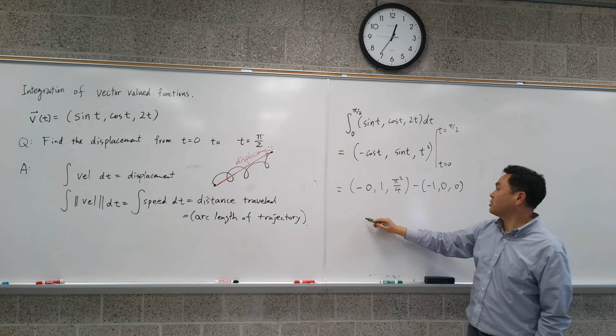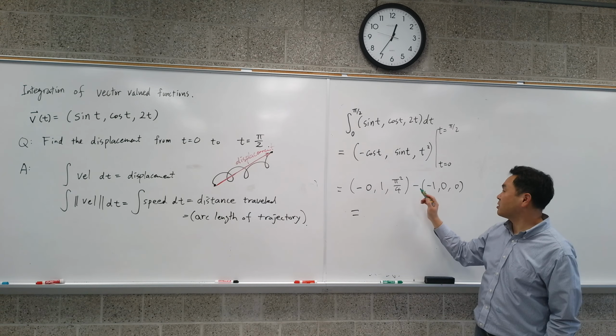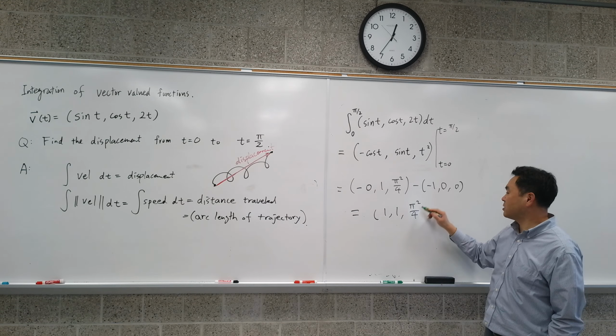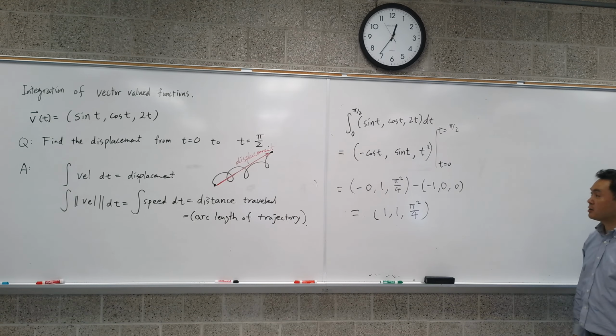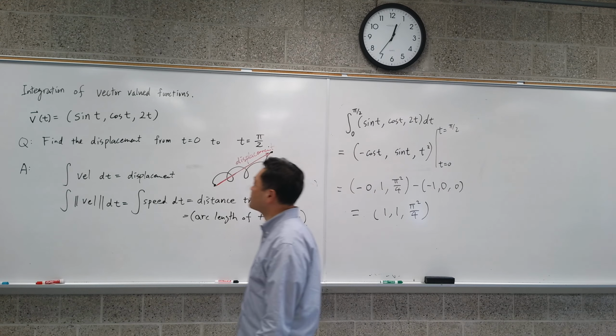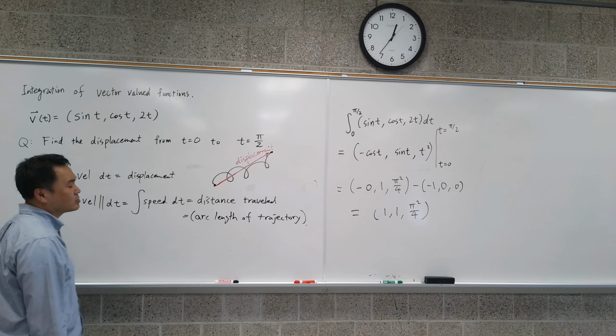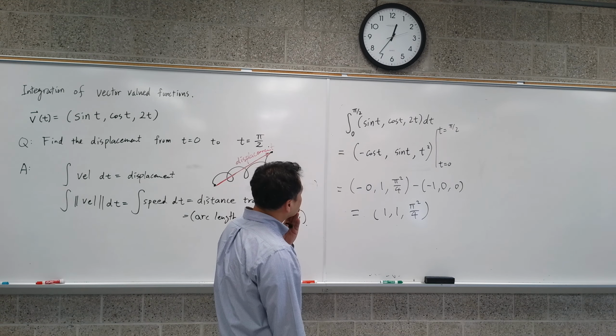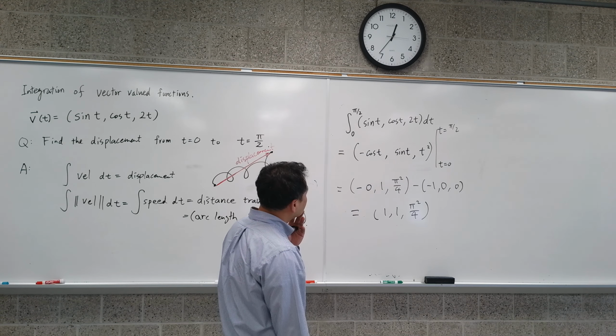So you end up with the vector 1, 1, pi squared over 4. That's the displacement.